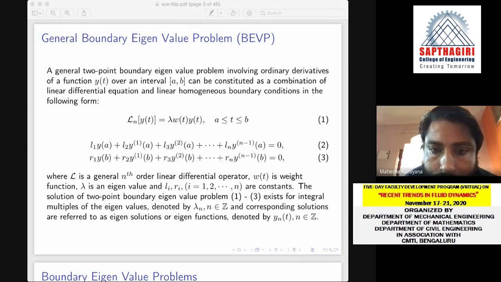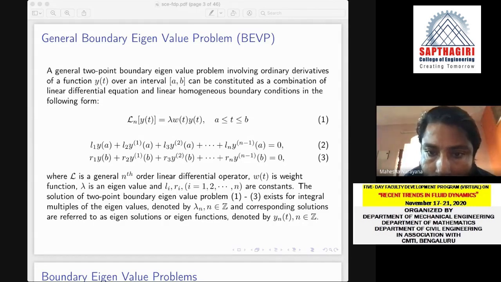The solution of such a differential equation subject to the given boundary conditions will be available only for some integer values of lambda. The solutions corresponding to those integer values of lambda are called eigenfunctions, and the values of lambda for which the solution exists are known as the eigenvalues.